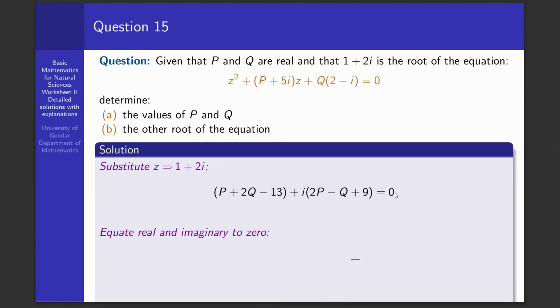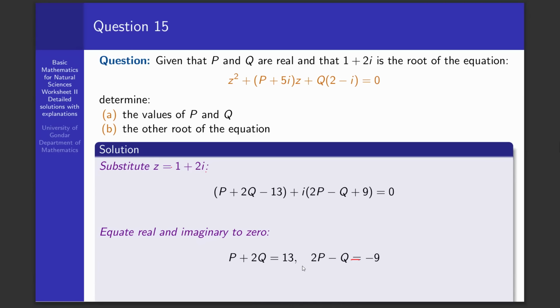And then equating the real and the imaginary parts, because the first expression, enclosed by the first bracket, is the real part, and 2p minus q plus 9 is the imaginary part, so that we have this equation, that is p plus 2q is equal to 13, because it is 0 plus 0i, and 2p minus q plus 9 is equal to 0, or 2p minus q is equal to minus 9.